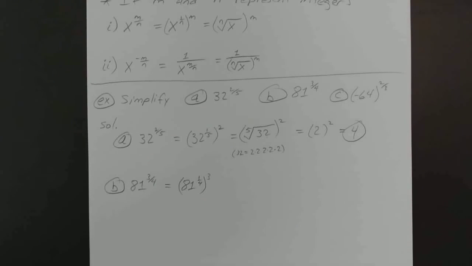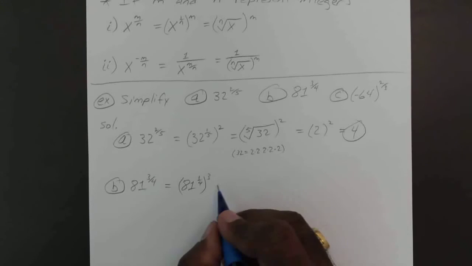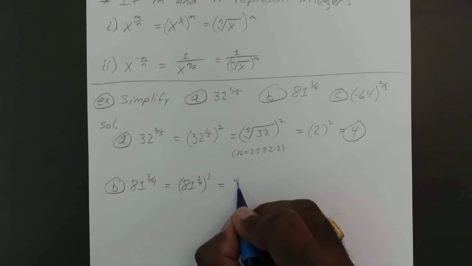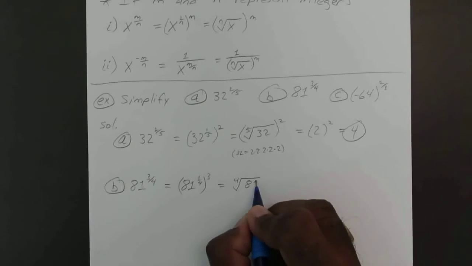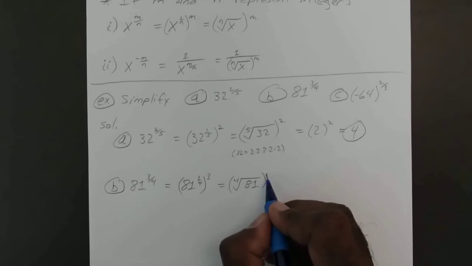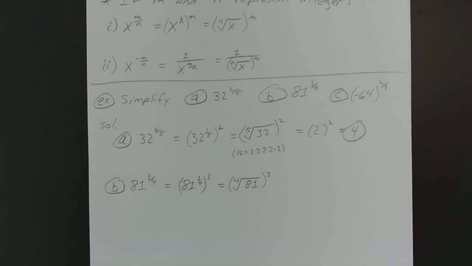Because remember, by the power of a product rule, if you just multiply those two together, you just end up right back there. Okay. Now remember, 81 to the 1/4 power is the same as saying the 4th root of 81 to the 3rd power.